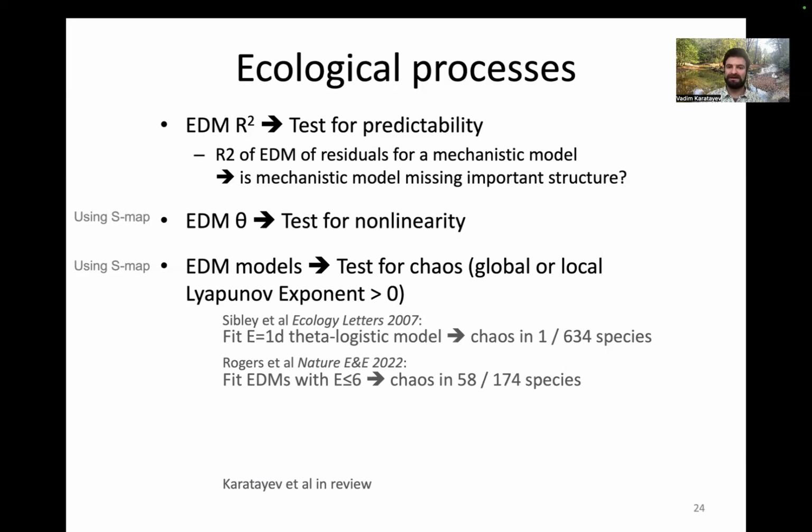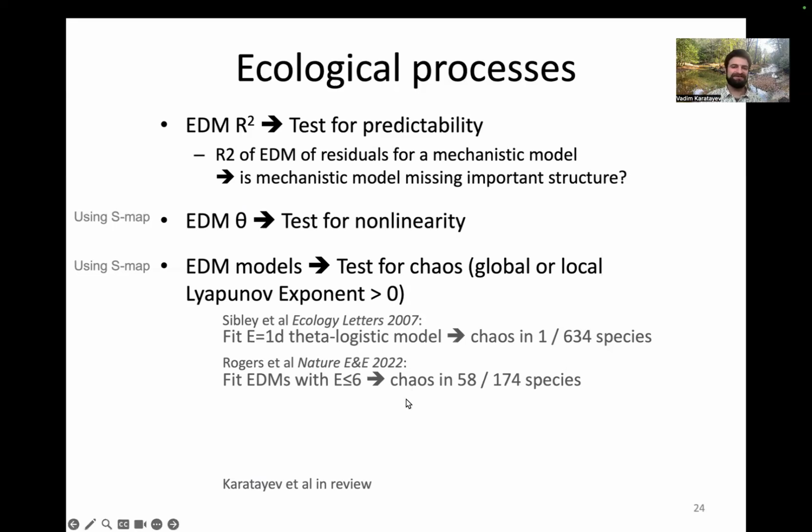calculate local and global Lyapunov exponents, and ask, is there chaos in ecosystems? Importantly, back in 2007, people fit a theta logistic model, which is one-dimensional, and found that chaos almost never happens.